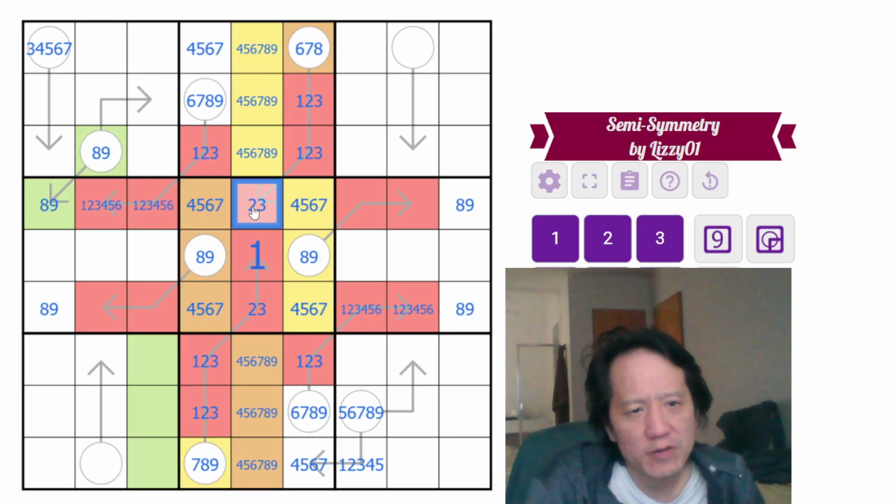Oh no, never mind. I was thinking something else. This is 17. This is 17 for these 4 squares, which means these 3 squares and these 3 squares, one of them is 7.